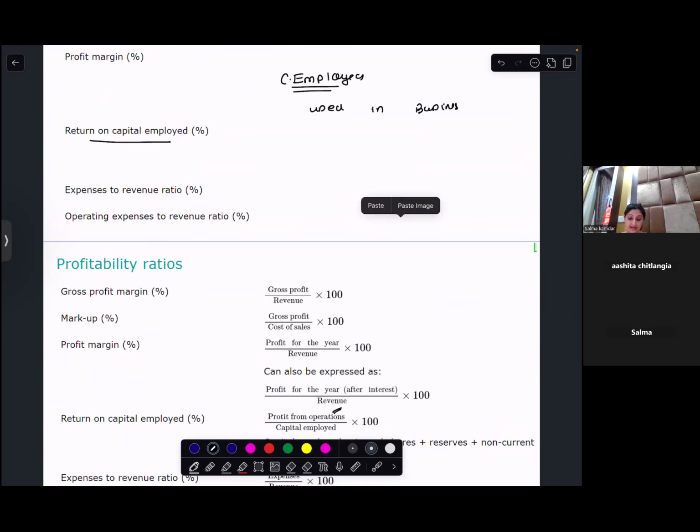But capital employed is non-current liabilities plus owners' funds or shareholders' funds. It could be total assets minus current liabilities, or you can add just the capital and non-current liabilities.